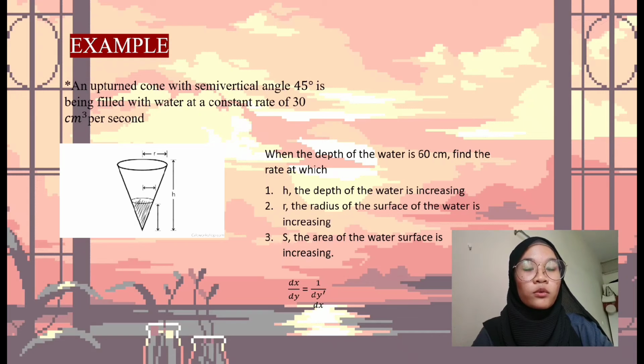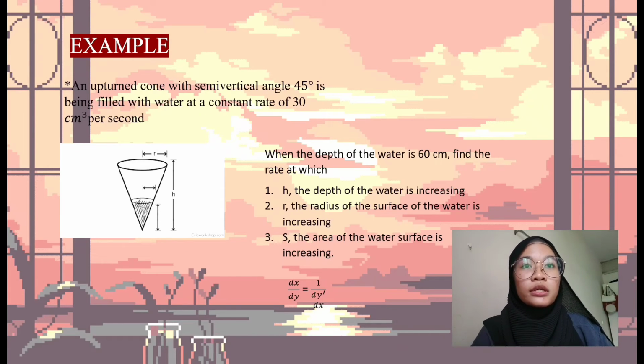When the depth of the water is 60 cm, find the rate at which, one, h the depth of the water is increasing, two, r the radius of the surface of the water is increasing, and three, S the area of the water surface is increasing. So the formula that we can use here is dx/dy = 1/(dy/dx).